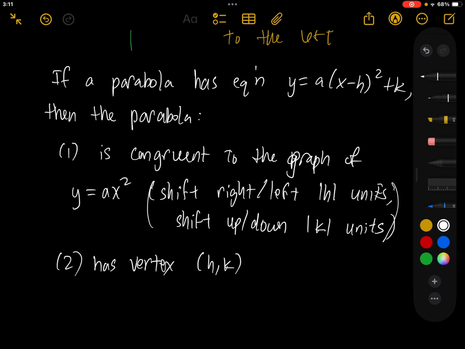Let's just assume that h and k are positive. Then you start off with 0, 0, and then you shift right h units, and then go up k units, so you're at the point h comma k. And similar reasoning happens if h or k is negative. Like if h is negative 3, then you shift to the left 3 units, so you start at 0, shift 3 to the left, and you get negative 3. And similarly for k.